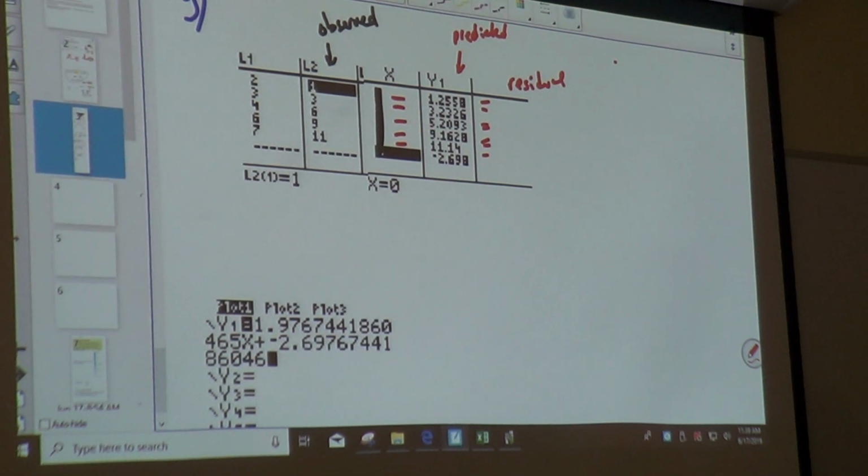So this one's going to be a negative 0.2558. That one's going to be a negative 0.2326.